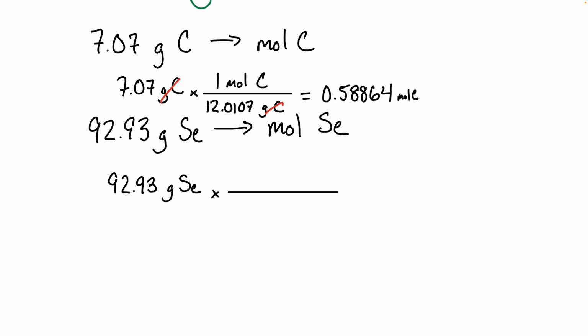And again, divide by that molar mass from my periodic table, the 78.96 grams of selenium that are in 1 mole of selenium. Again, just that value from the periodic table. All right, and so this works out to be 1.1769. Again, just take some extra digits here. Moles of Se.